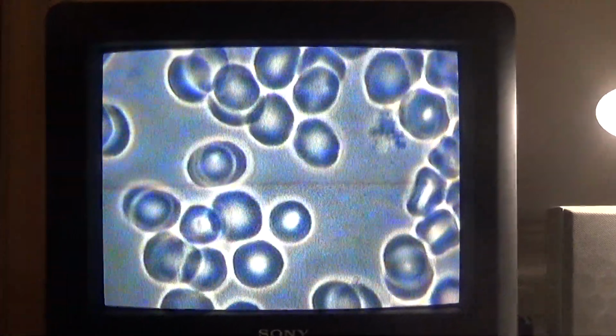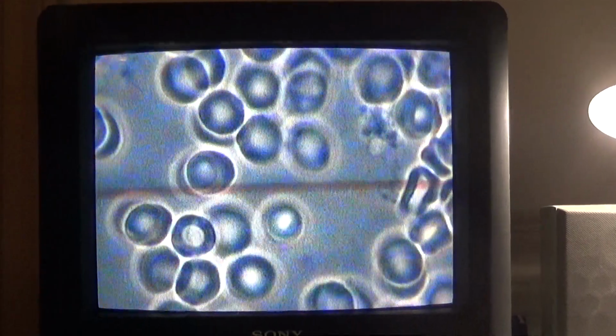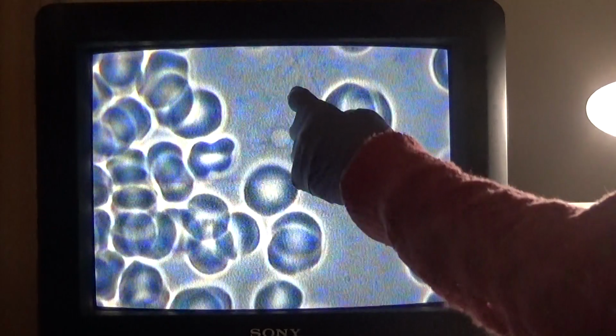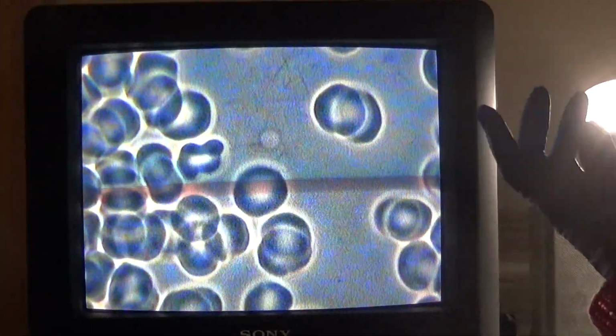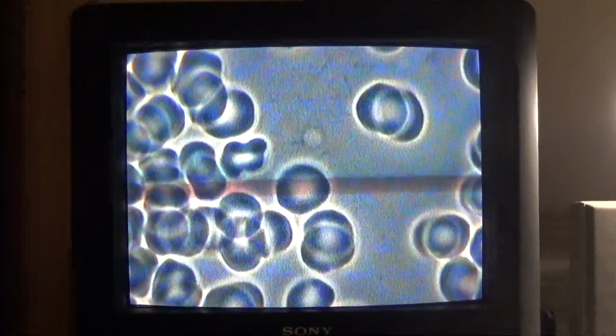It's part of your blood clotting system, and it's precipitated and sticking to the glass of the slide. It's normally dissolved in the blood. When the blood hits the air, it precipitates, ideally after 20 minutes. We're seeing this sooner than 20 minutes. It was about 15 when it started showing up.